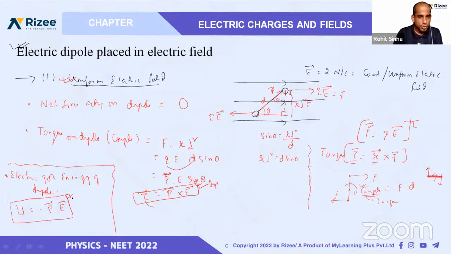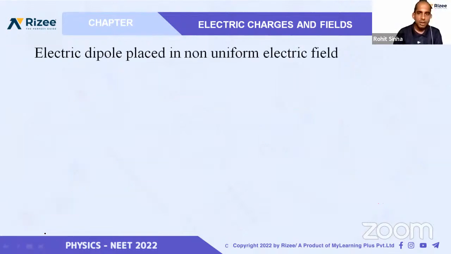It will be very useful for you. P cross E is the formula of torque, and this is the formula of electric potential energy of an electric dipole. You should remember these formulas. We will be solving some questions using them. Okay, now let us move further and see some questions.